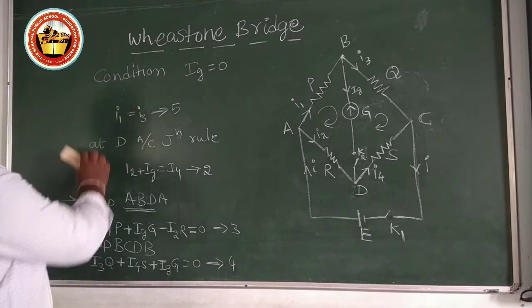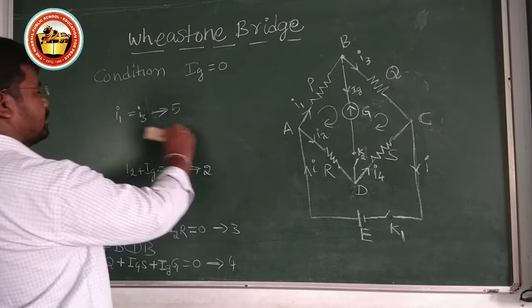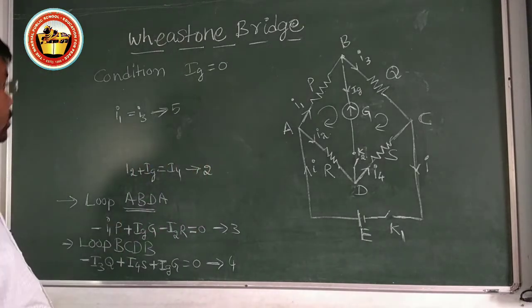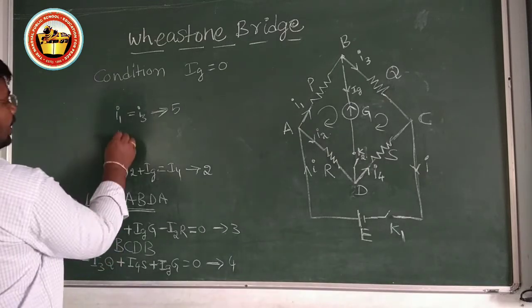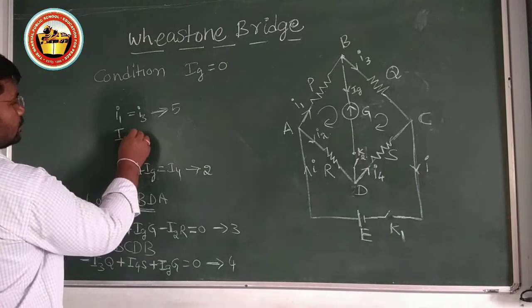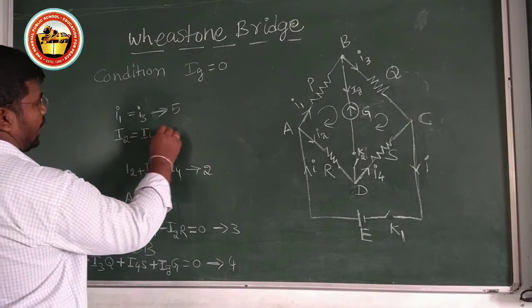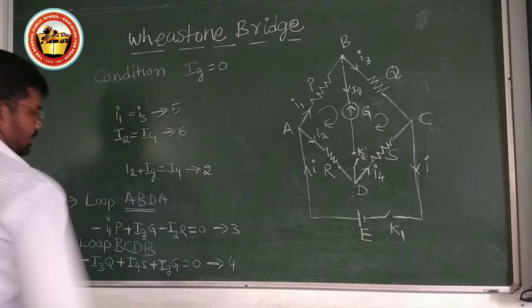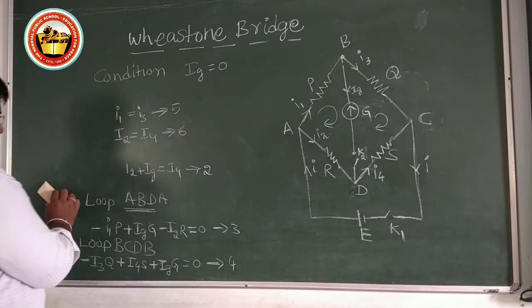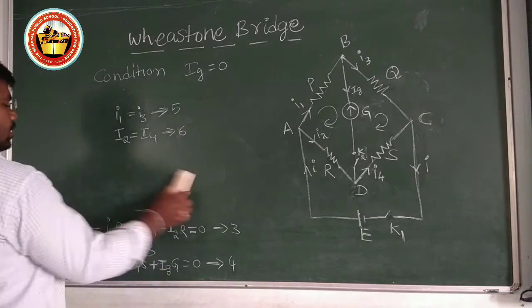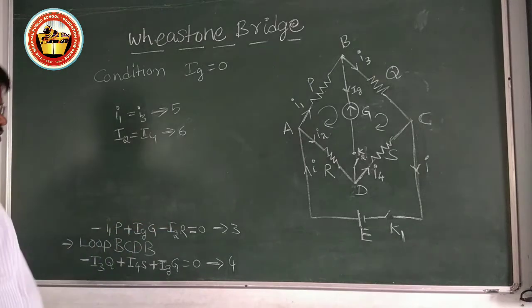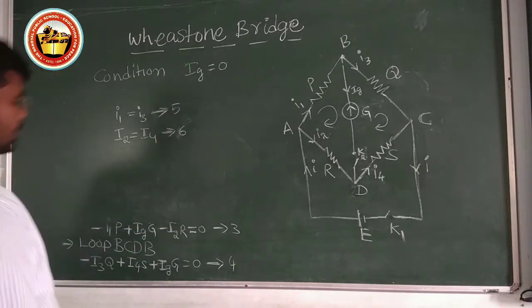Then substituting the Ig value in equation 2, we get I2 is equal to I4. That is equation 6. Then the Ig value 0 we can substitute in equation 3.